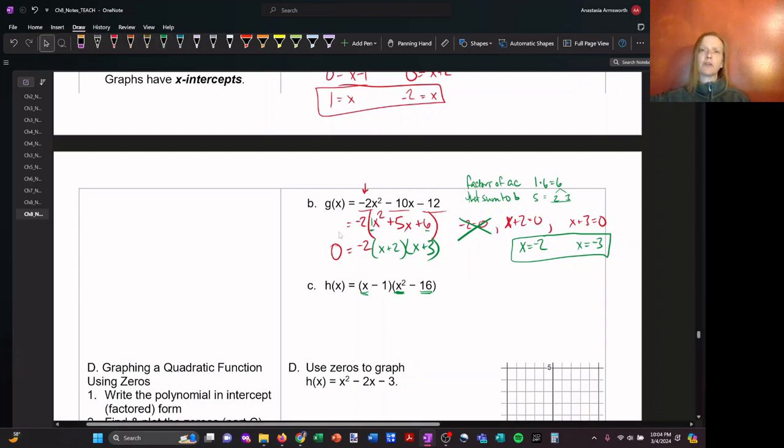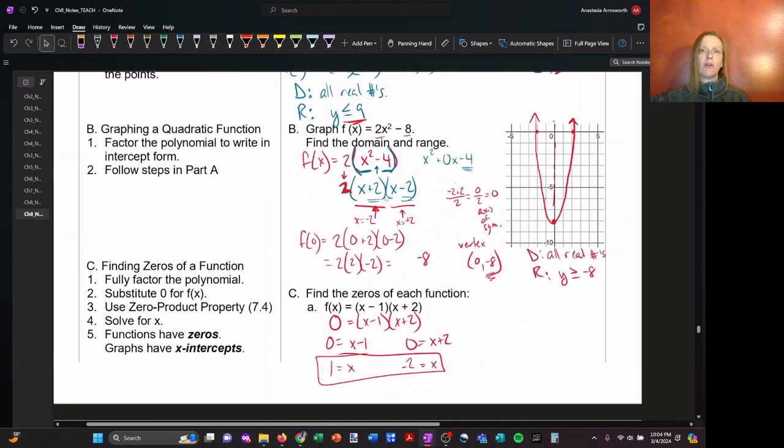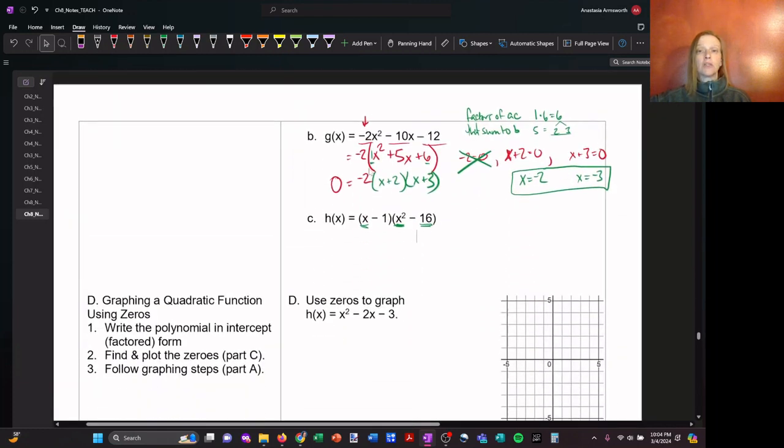This is the same sort of special pattern we saw up here on the previous question, B. This was a difference of two squares pattern. So this can be factored reasonably straightforwardly, or you can factor it the old-fashioned way by thinking of this as being x squared plus 0x minus 16.